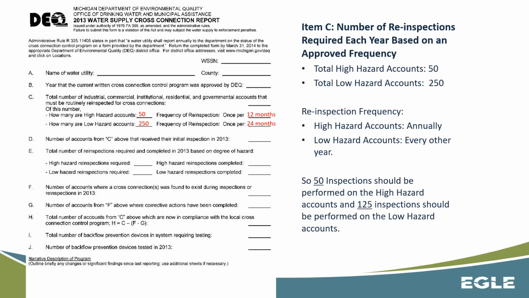So in this case, if this is how it's reported, the goal is to have 50 re-inspections done in a year, because they're supposed to be every 12 months. And then on average, 125 low hazard, because we're taking this 250 and splitting it over every 2 years.